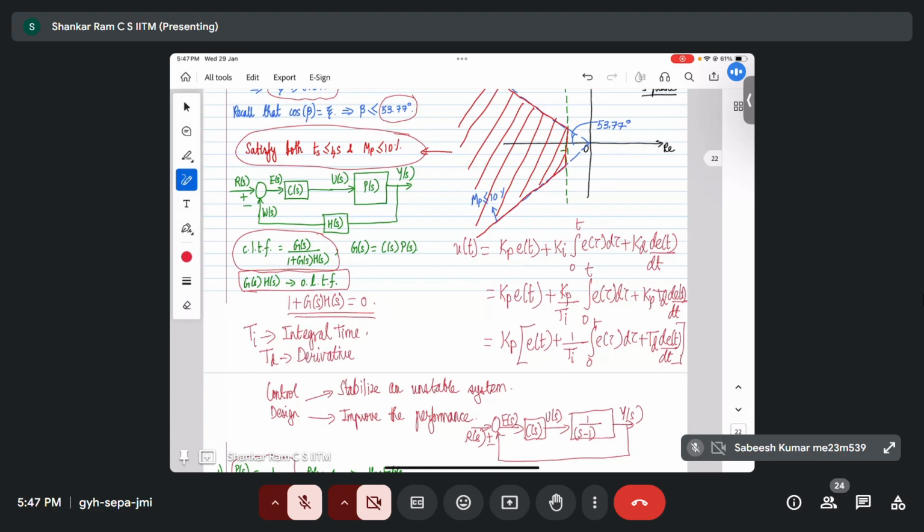These are the names typically given to these two parameters, and there is a physical connotation for Ti and Td. Why are they called the way they are? I leave it to you as an exercise and tell me next class. Then we will discuss later.